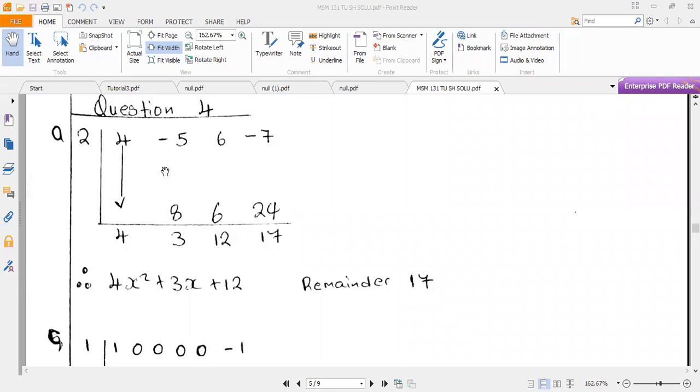So that means x is equal to positive 2. So when you're doing synthetic division, you get the positive 2 instead of the negative 2. So you put the positive 2 there and put the coefficients of your equation. So our coefficients are 4, negative 5, 6, negative 7. Kindly come again.